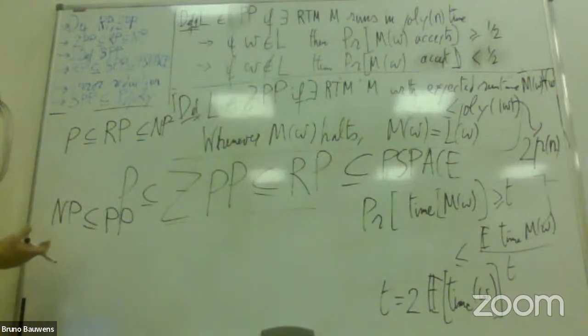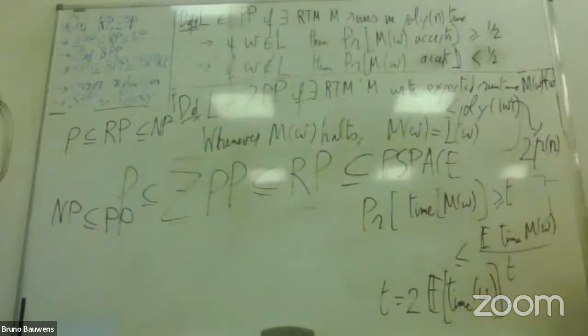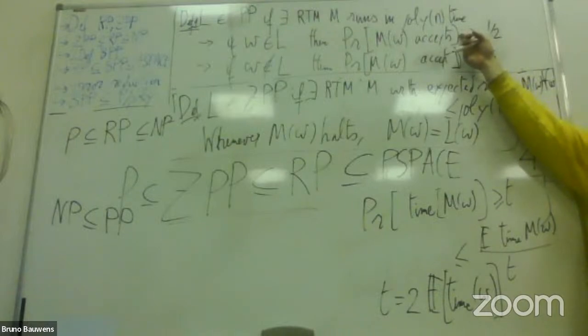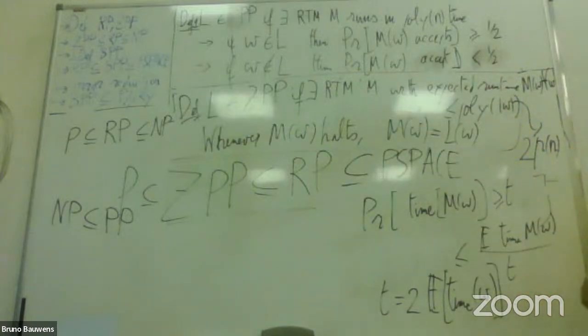That means that at least half of the certificates must be accepted and less than half must be rejected, when the certificate length is fixed.